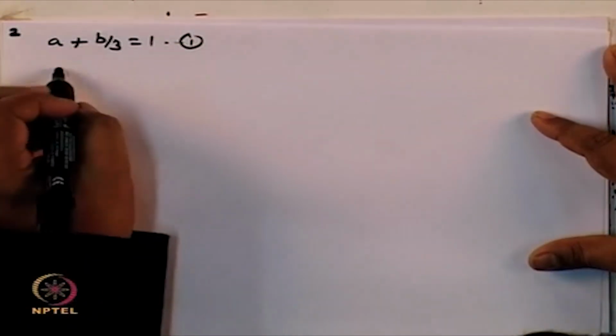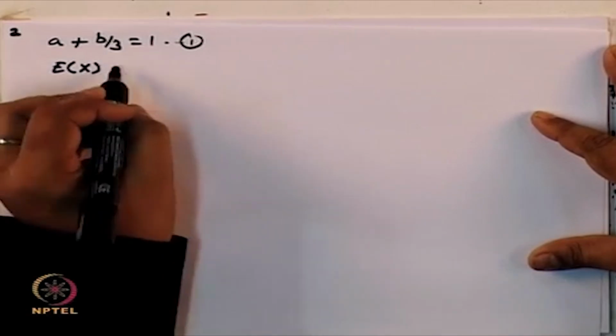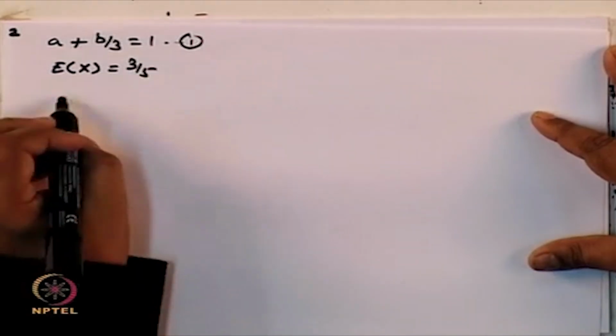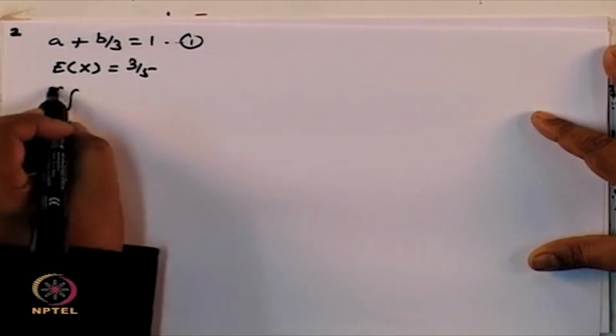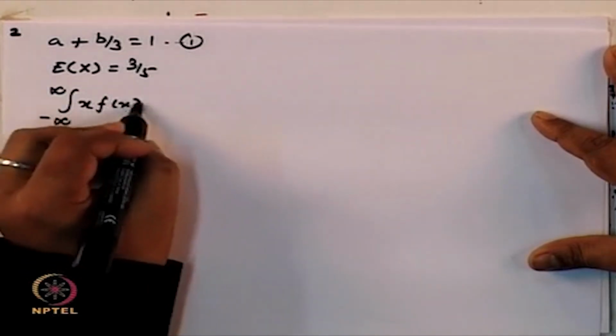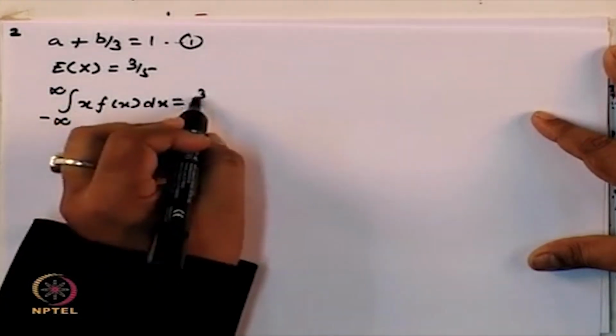Now, the other equation we have is E of x is equal to 3 by 5. E of x is defined as the integral of x f x dx. This is 3 by 5.